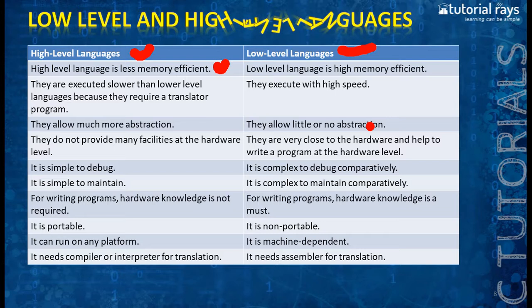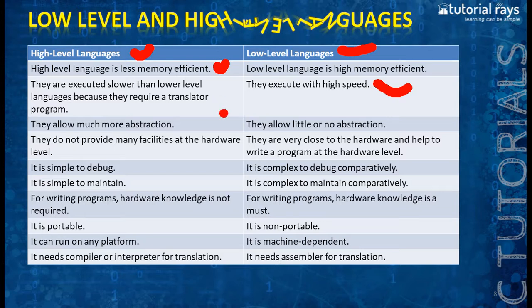The second one is, high level languages are executed slower than low level languages because they require a translator program. As you have seen, it requires a translator or compiler, so it takes time. But in the case of low level language, there is no requirement of a translator or compiler, so it is directly fed to the computer and it is faster than the high level language.